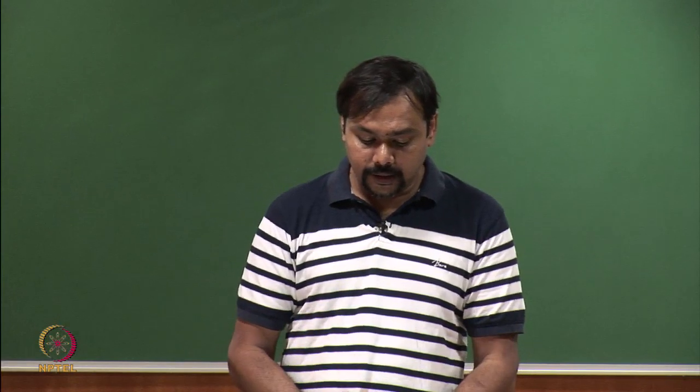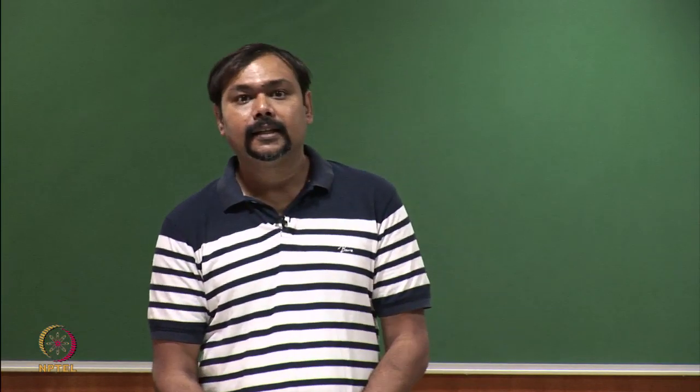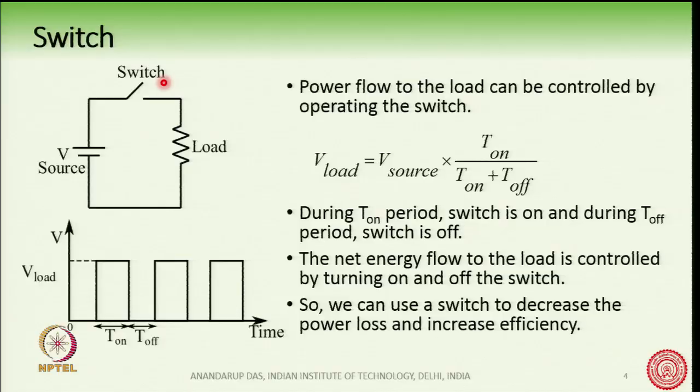Then we see that with this switch, power flow to the load can be controlled by turning this switch on and off. If I turn on the switch, then the voltage of the source is impressed across the load.